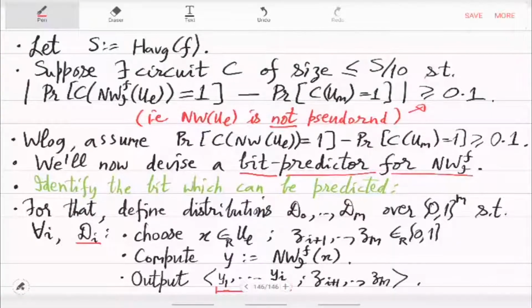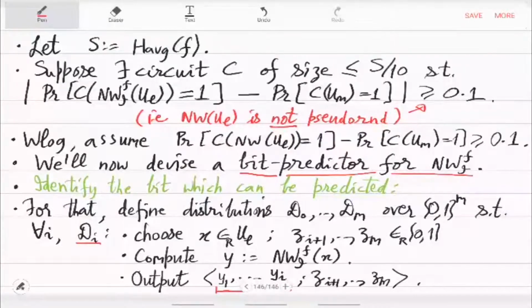So this distribution we will call Di, and now you can look at the whole spread. So D0 to Dm, these distributions, right? D0 has all the bits random, D1 has first bit y1 and the remaining bits purely random, and Dm will have all the bits y1 to ym. That is the whole spread of these distributions Di that we have defined.